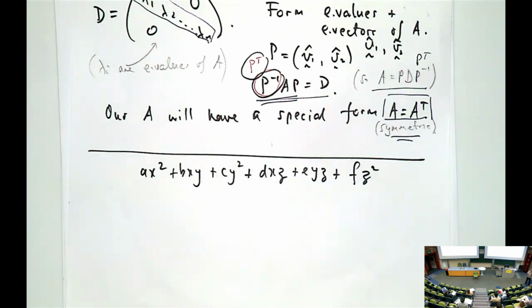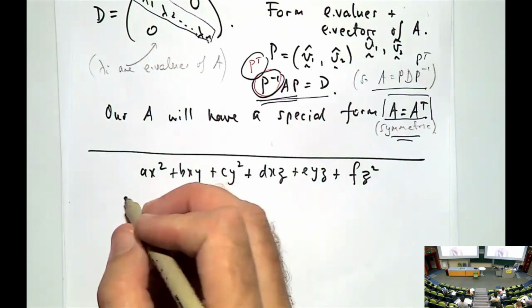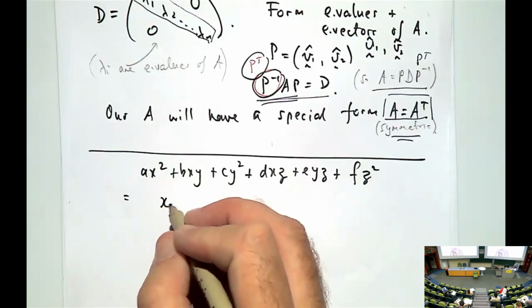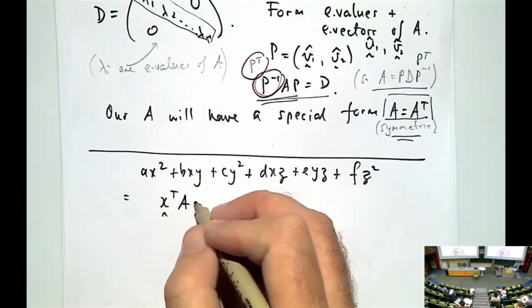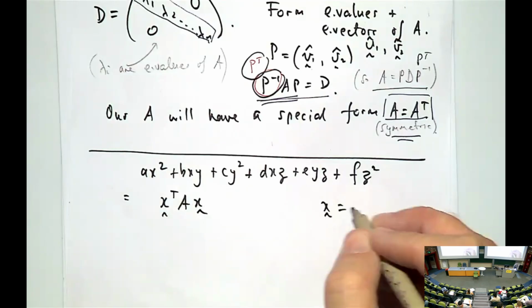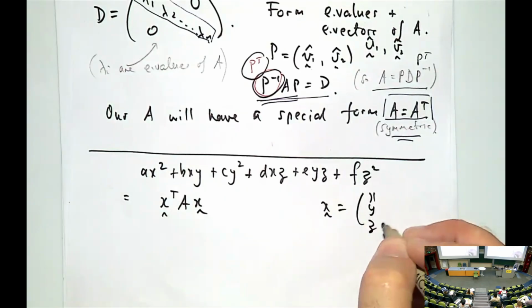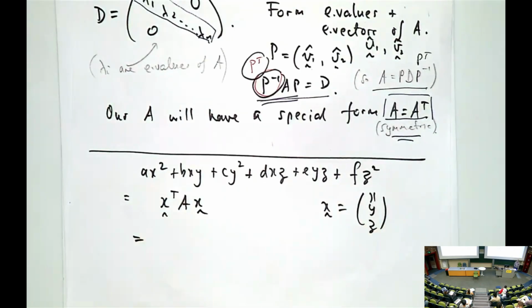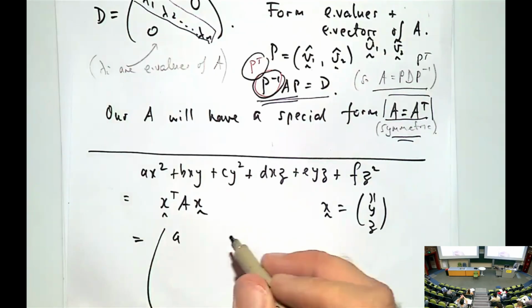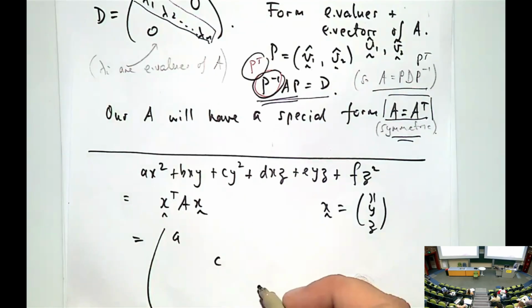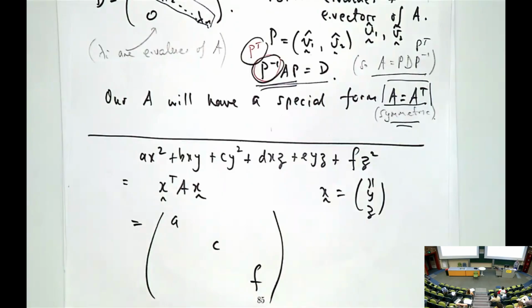They might be positive, they might be negative. If you want to write this in this form, A, C, F go down the main diagonal, and then half of that coefficient goes there, half of that coefficient there, and half of that coefficient there.